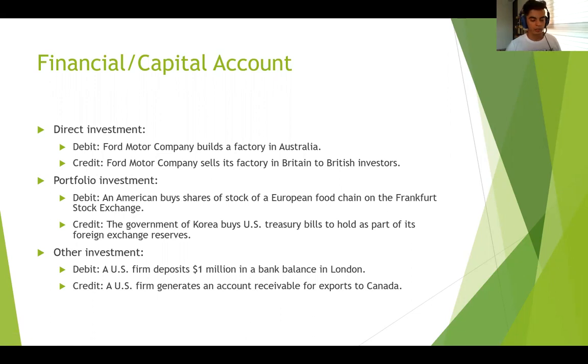Another example that I think will help you understand this better is not only building entirely the factory or whatever, but also if you buy so many shares of a company that at some point you have control of it. That will also be called direct investment, but only if you have control of that company. For example, I talked about this example in the last weeks, when I said that at some point Citibank bought Banamex in Mexico.